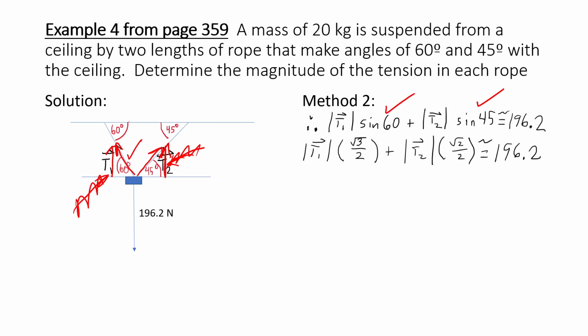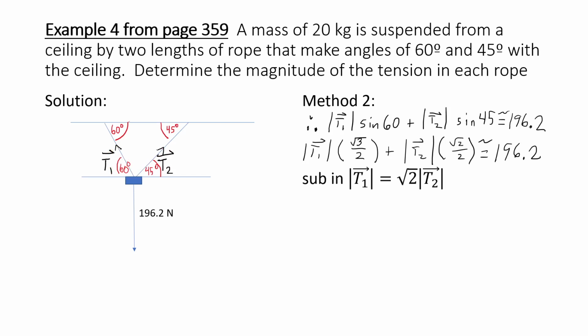So adding those two vertical components together, we're going to roughly get 196.2 newtons. Well, the sine of 60 is root 3 over 2, and the sine of 45 is root 2 over 2. Adding those together, we get that equation as you see it there.